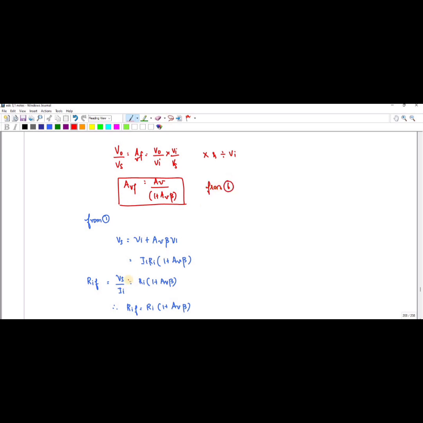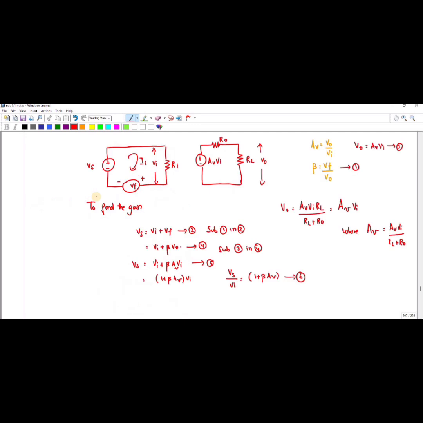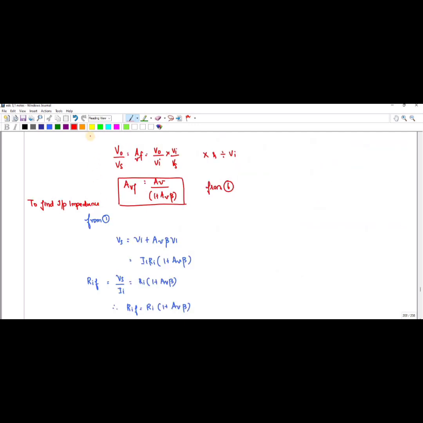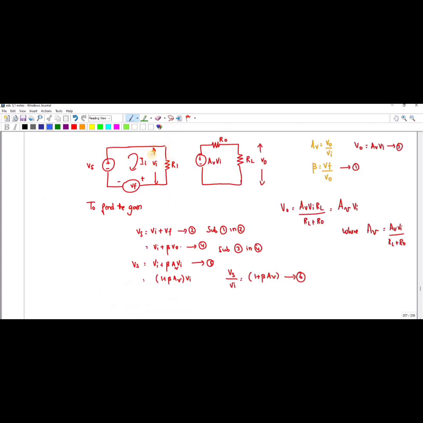The next step is to find the input impedance. From equation 5, I can write Vs = Vi + Av beta Vi. What is Vi? Vi is nothing but Ii into Ri, from the diagram.